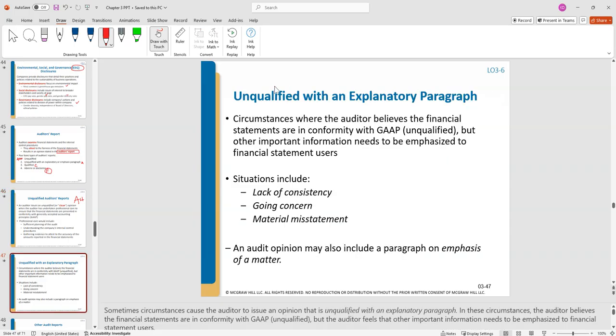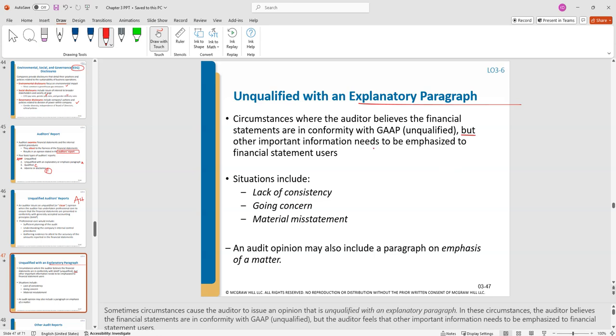The next one is the unqualified opinion with an explanatory paragraph. This arises in circumstances where the auditor believes the financial statements are in conformity. So overall it's good, but other important information needs to be emphasized to financial statement users. It's like, I like him or her, but, that's never good when you put the but in there.